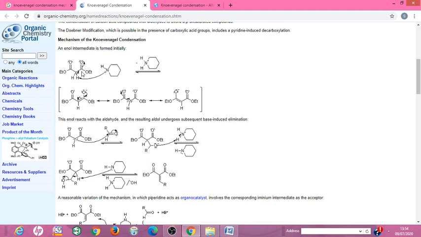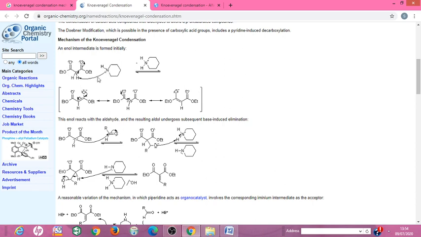The active methylene group: the name of this compound is malonic ester, which has the CH2 group, and this CH2 group is known as the active methylene group. The active methylene group has two acidic protons, and the base, that is the catalyst used in this reaction, is piperidine. Piperidine has a nitrogen atom, and nitrogen contains a pair of electrons.